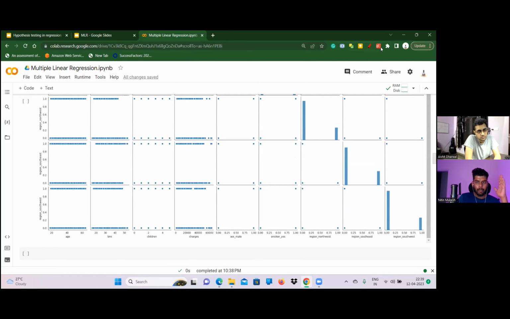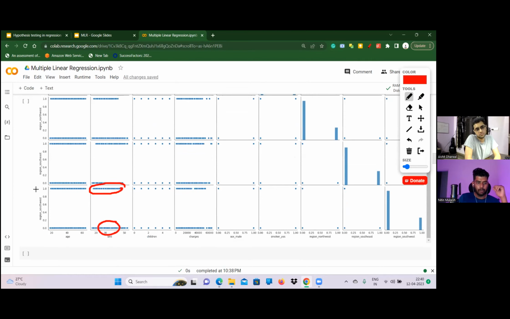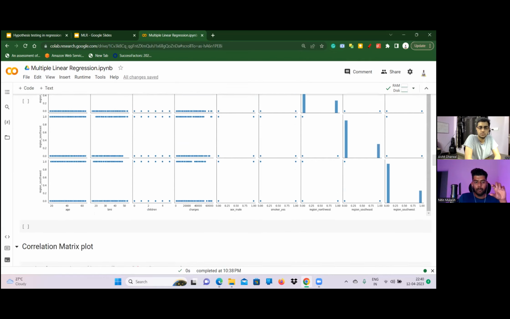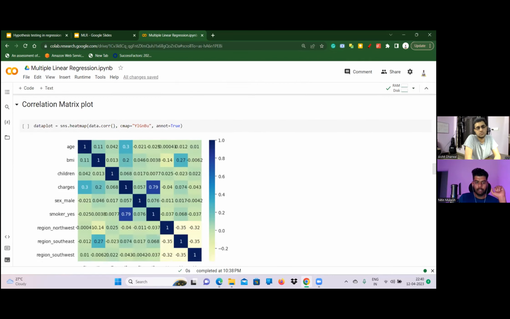This is the BMI of those people who do not belong to region Northwest, and these are the BMI plots of those people who belong to region Northwest. This is just a plot to see what kind of relationship exists between each and every variable. I think this won't give you much information, so rather we can use a correlation matrix plot.